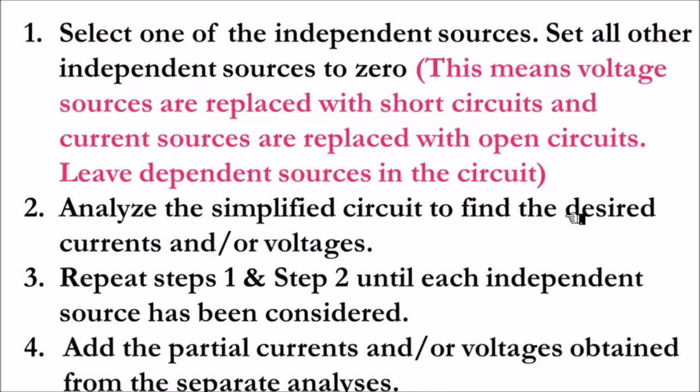Then for each one you will get a desired response, and finally, as per step 4, you add all the responses to get the resultant value. So you follow these 4 steps to find the voltage or current at the required element using the superposition theorem.